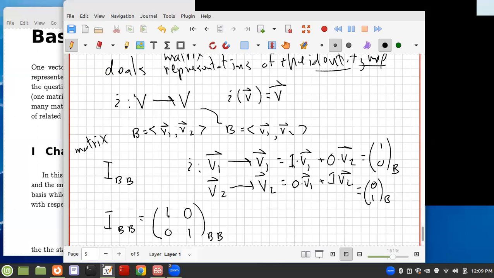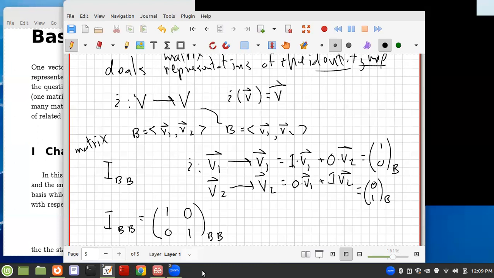The identity map always goes from a vector space to the same vector space. If you don't change basis, this representation just says the first basis vector goes to the first basis vector, the second goes to the second.